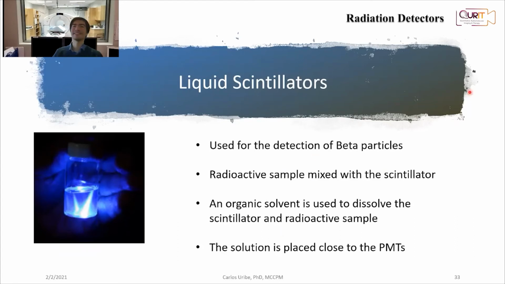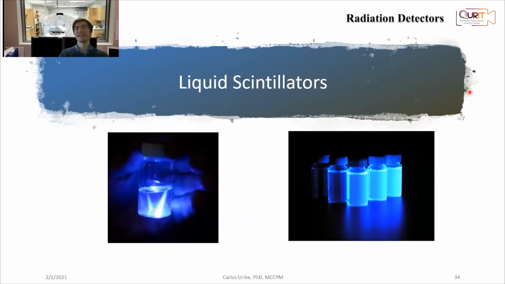You mix the radiation with your liquid scintillator, and then they emit light. That organic solvent will dissolve the scintillator and the radioactive sample, and then we can place this solution into a detector to count the light and quantify it. Just so you know, stay tuned. The next lecture is focusing more on scintillators.